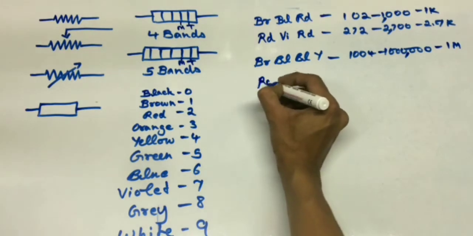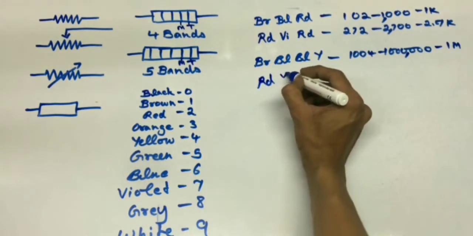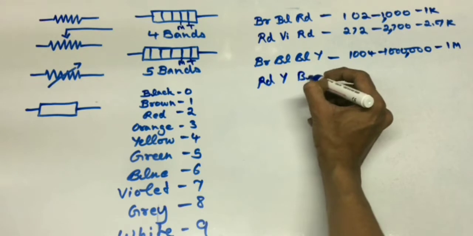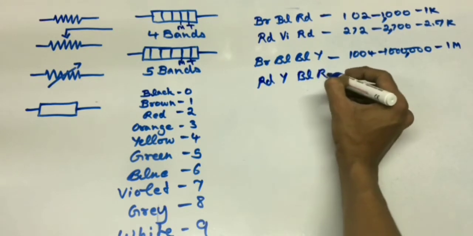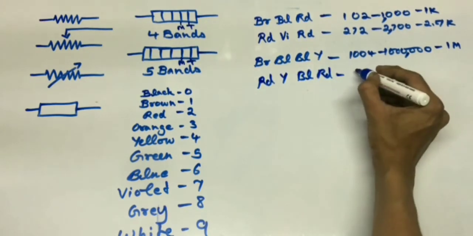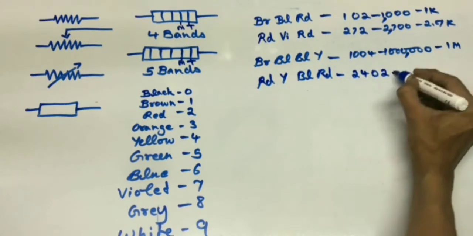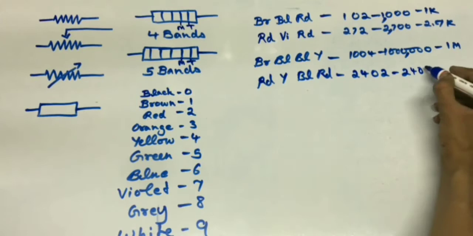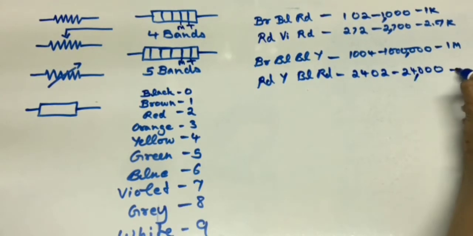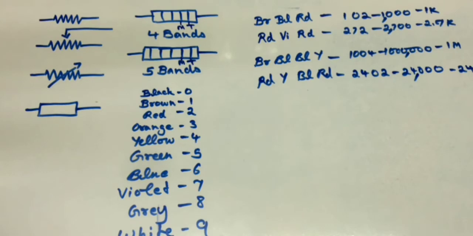Or red, yellow, black, red, then 2, 4, 0 and 2 zeros. Then it is 24K. This is how we calculate the value.